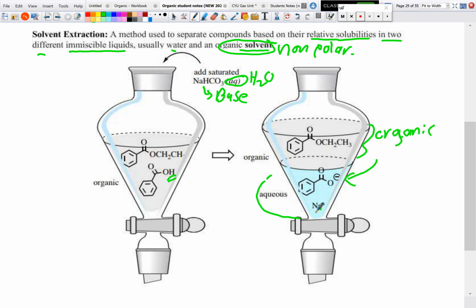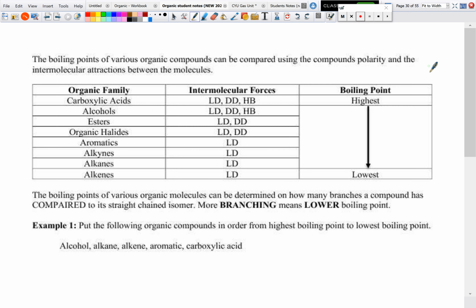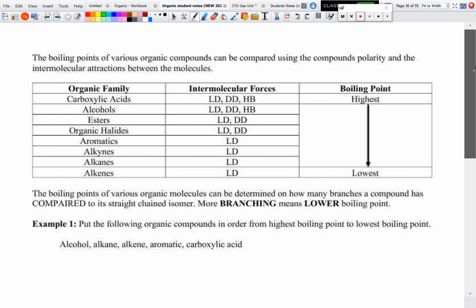Our nonpolar, even though this is slightly polar here, is going to be more nonpolar-ish compared to the water, so our organic layer still goes at the top there. That's just a little bit on solubilities.